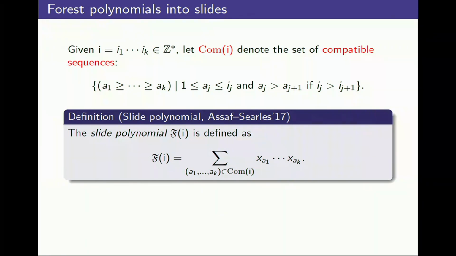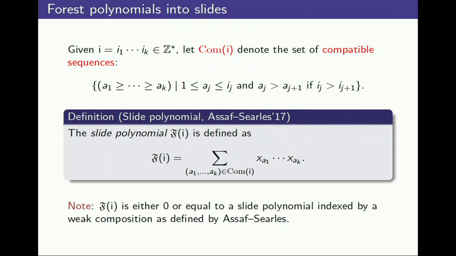So these tell you how large each of these entries can be. And anytime the sequence I drops, the sequence A must drop as well. So the sequence A sort of follows the word I. Okay. And the slide polynomial is indexed by this word I, and it's the sum of monomials attached to elements of compatible sequences. Okay. So some polynomial.